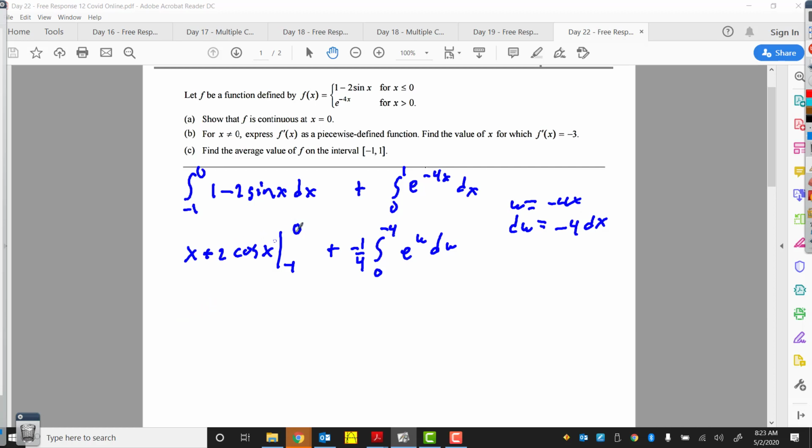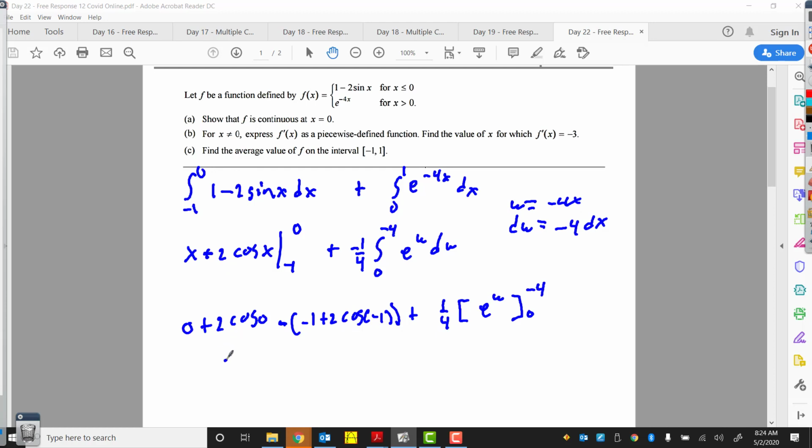So we can go ahead and start plugging things in over here. Plug in 0, we get 0 plus 2 cosine of 0 minus, plug in negative 1, plus 2 cosine of negative 1, plus 1/4 times e to the u from 0 to negative 4. We'll simplify this a little bit.